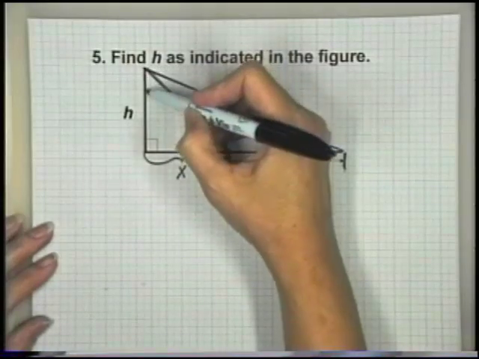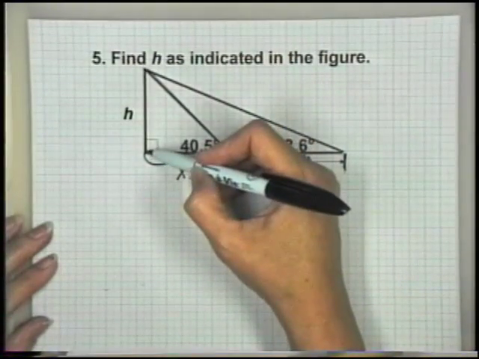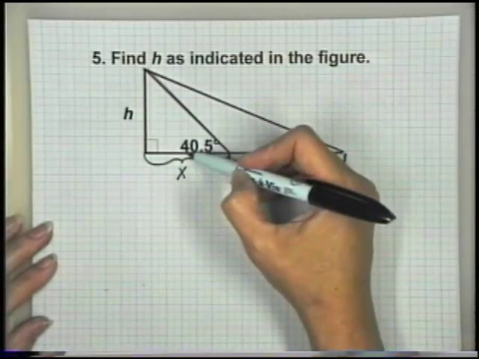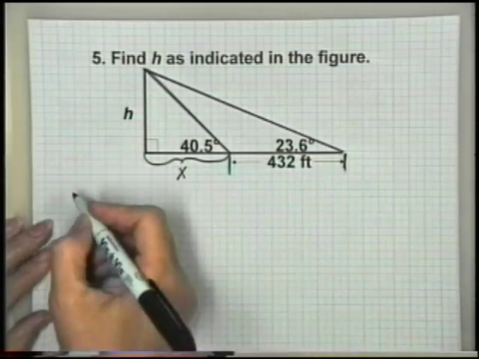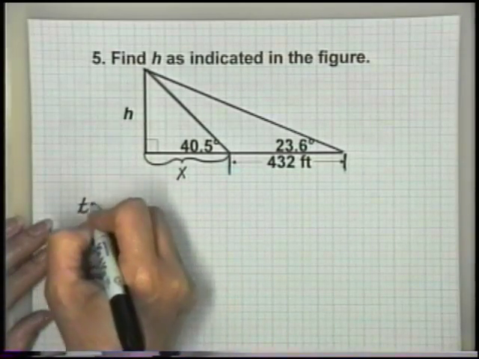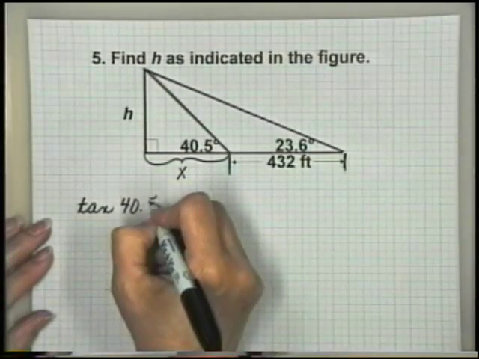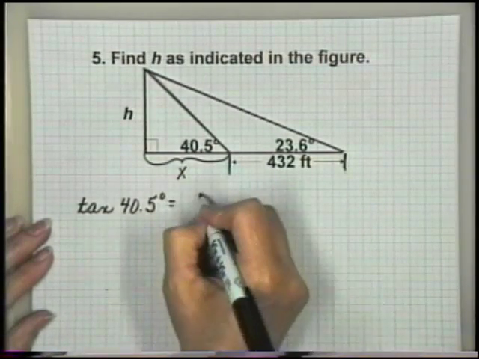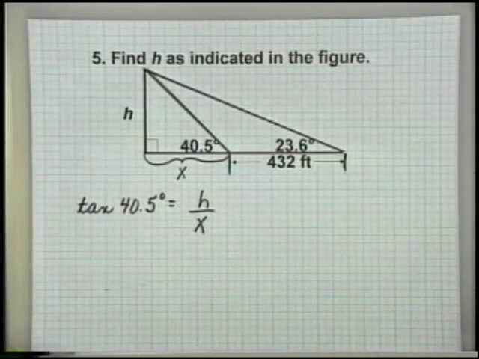We know two relationships. We know that for this small triangle, h is the opposite leg for this angle and x is the adjacent leg for this angle. So we could say the tangent of 40.5 degrees equals h divided by x.